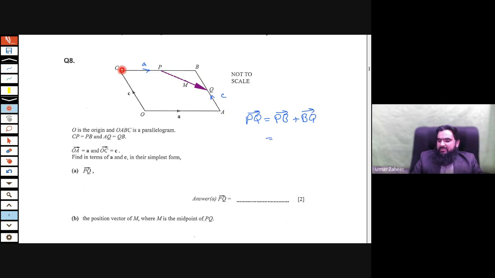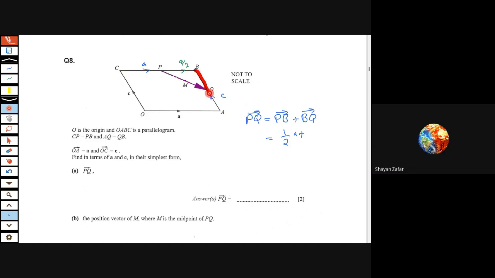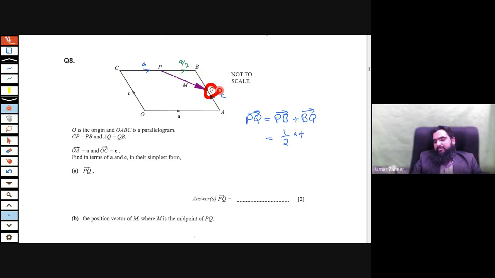Can you please tell me, this whole side is A and P is the midpoint. So P to B is half of A. So half of A plus B to Q. B to Q is the same as C. Q is a midpoint, so it is half of C, but it is negative because you are moving in the opposite direction.